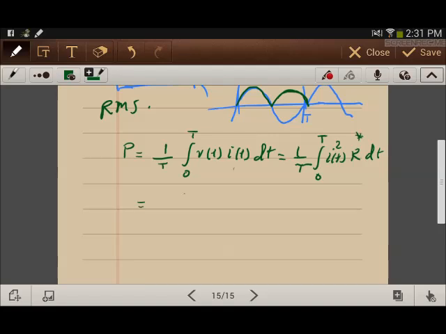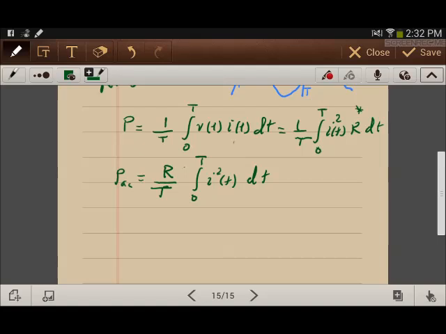So this AC power average is equal to 1 over T. Take the R outside of the integral since it's a constant. So it's from 0 to T i squared as a function of time dt.